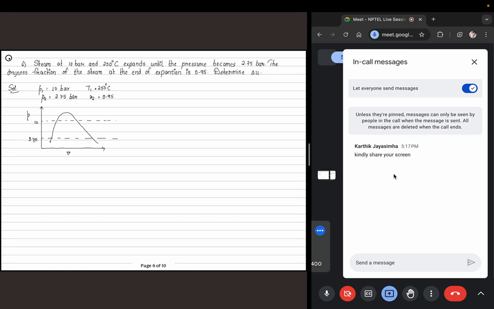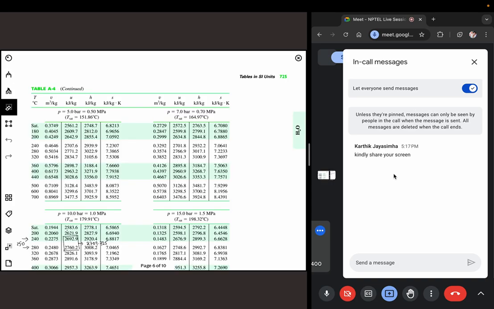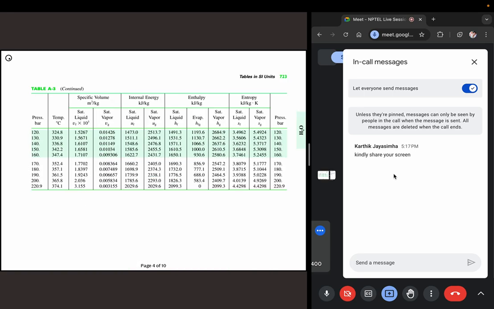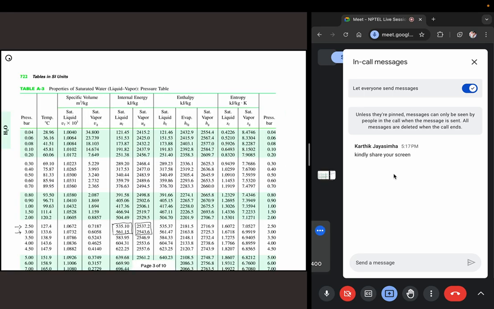I hope you are solving along with me so that you get to practice the problems as well. Now coming to the second state, as we have just discussed, you need to determine the appropriate values from the saturated steam tables. So now where to look? These are the values here. From this, you first calculate the corresponding values at 2.75 bar, which is actually the mean value of this.